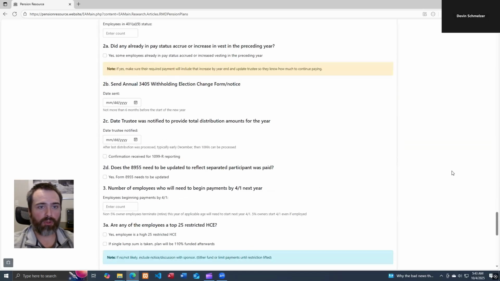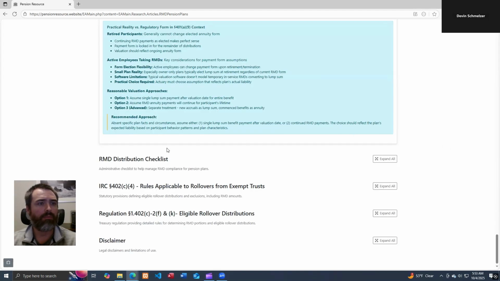Again, feedback is requested, and I'll consider updating what's contained here on the website that may be helpful for you and your administration practices. Previously, I mentioned that annuity payments are not eligible for rollover. That would not be the first time I've had to point this out.